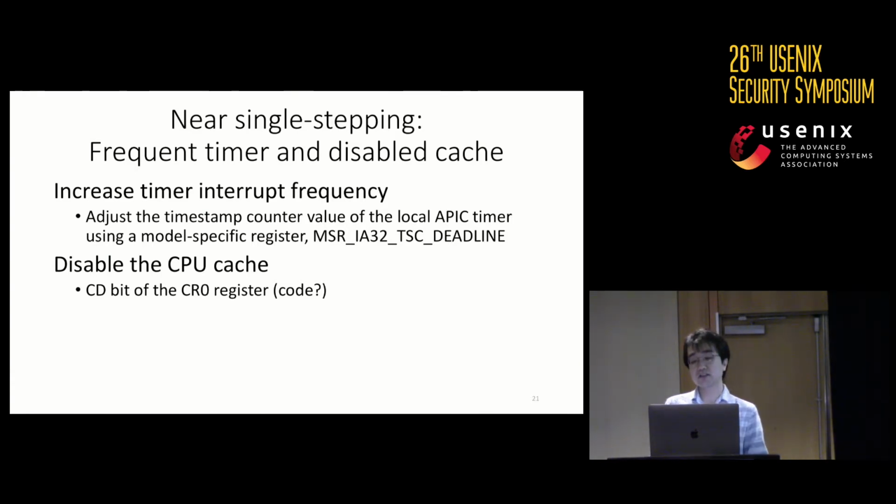Finally, to realize near single stepping, we increase the timer interrupt frequency as much as possible and disable the CPU cache. We adjusted the timestamp value of the local APIC timer using a model-specific register, MSR IA32 TSC deadline. We give some value like 1,000 to this register to increase the timer frequency as much as possible.